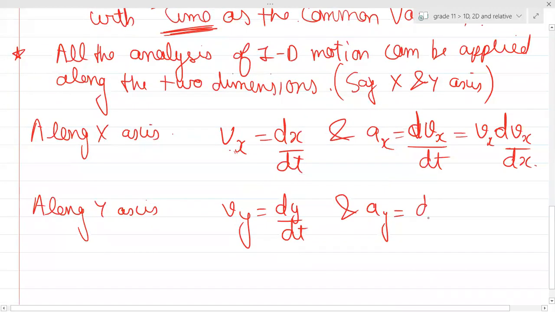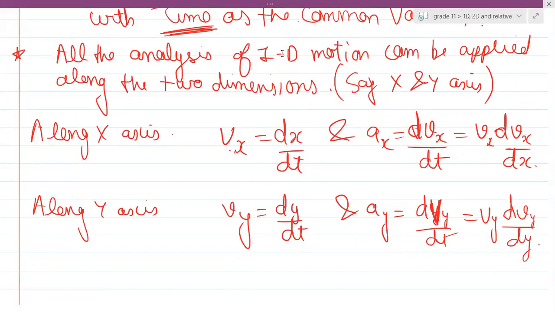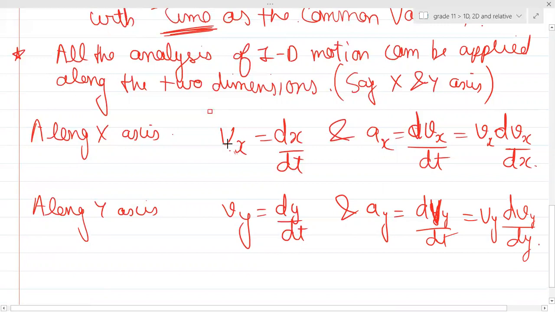So simple. It will be dvx by dt and dvy by dt. So these are your formulas, the same formulas which you did for 1D motions.